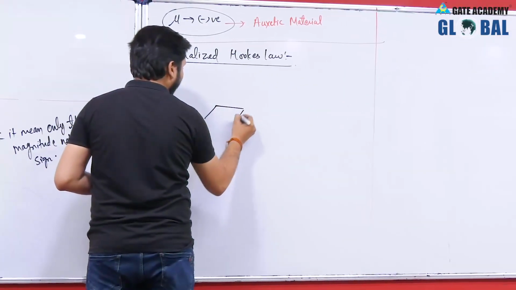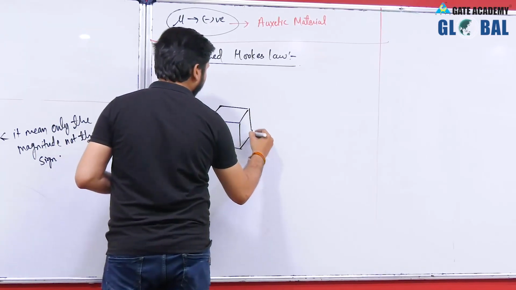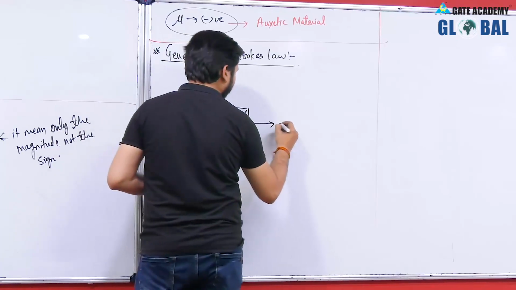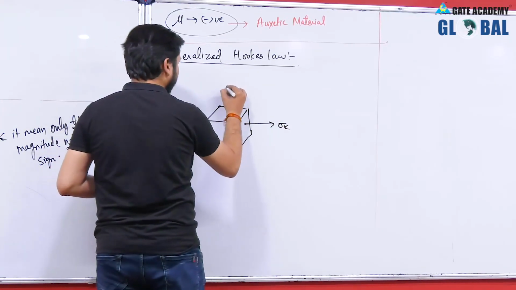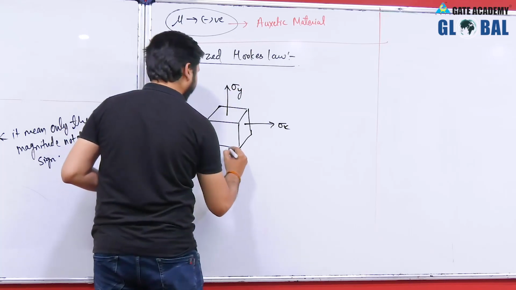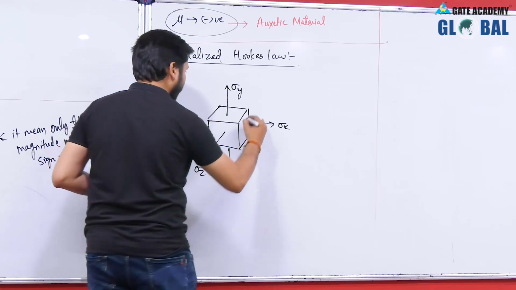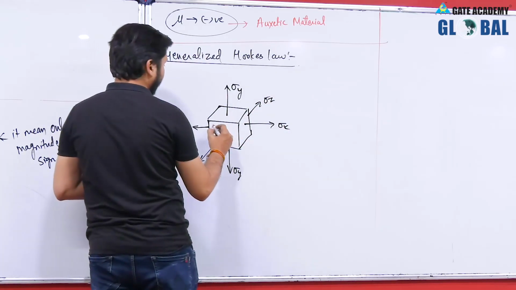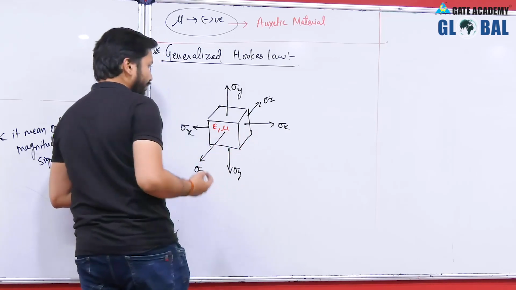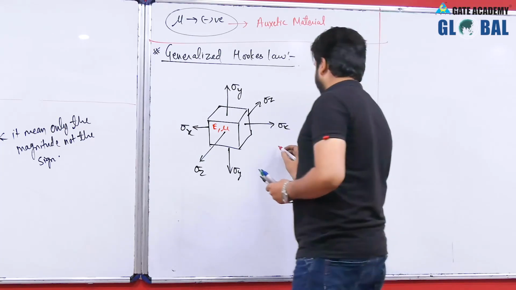Now, if you have an element like this, which is subjected to three stresses along the three directions, let us say this is sigma x, this is sigma y, this is sigma z. The Young's modulus of the material is E and the Poisson's ratio is mu.